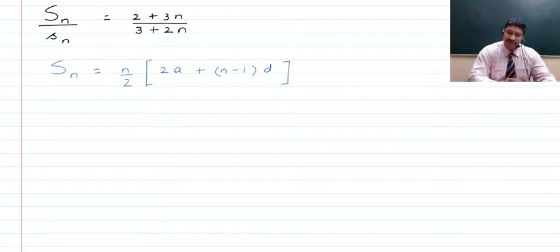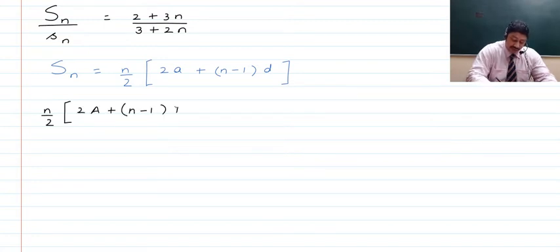Let's say its first term be capital A, right, and its common difference also be represented by capital D. So here we can write this as n upon 2 times (2A plus n minus 1 times capital D), right? And further, for the other series, we are going to write the first term and the common difference by small letters.